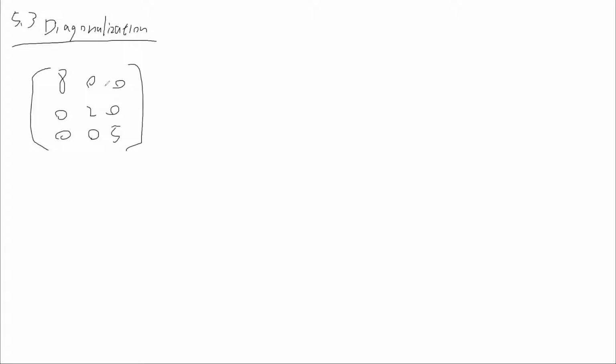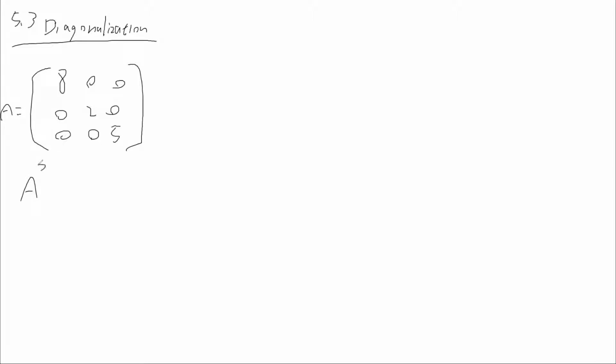But in this case, it is also called a double triangular matrix because it's all zeros above and below the diagonal. What's so nice about a diagonal matrix is that it's easy to find the power of a matrix.